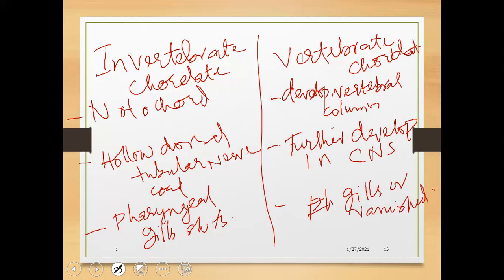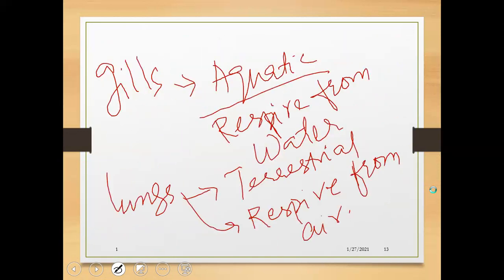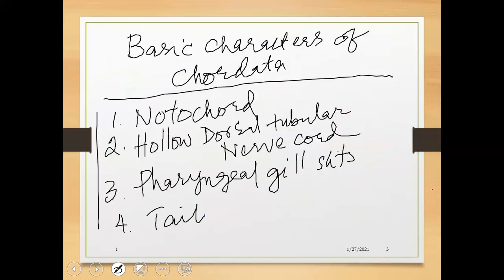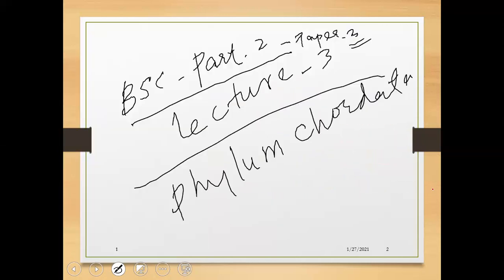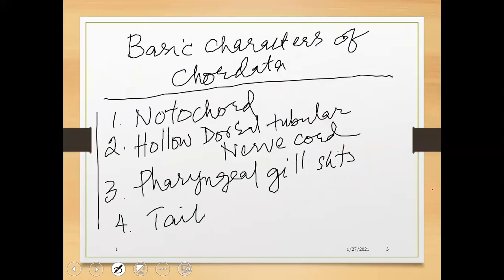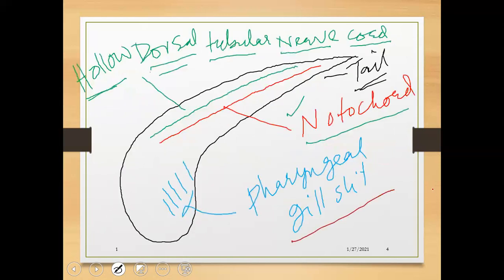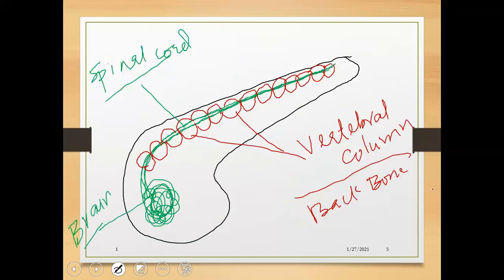Dear students, here you can see one are the invertebrate chordates and the other are known as vertebrate chordates. These are a few clips you can see here. So: notochord, hollow dorsal tubular nerve cord, pharyngeal gill slits and tail. This is the embryo of the chordates. The hollow dorsal tubular nerve cord, notochord and pharyngeal gill slits are present here.